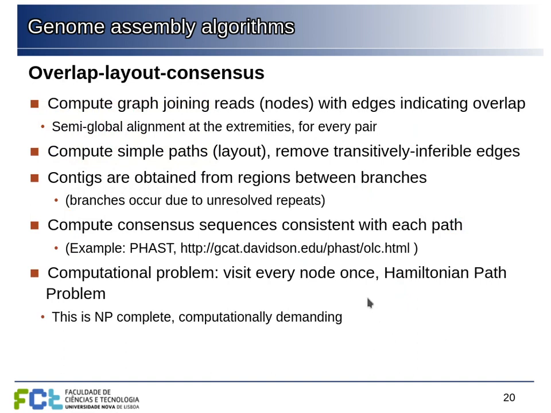So this is a Hamiltonian path or Hamiltonian cycle problem, where we have to go through a graph and visit every node once. The problem with this is that this is a very computationally demanding problem. This is in the complexity class NP complete.